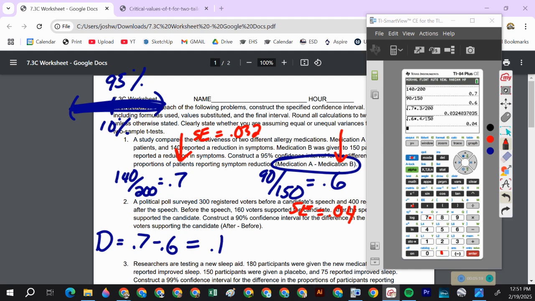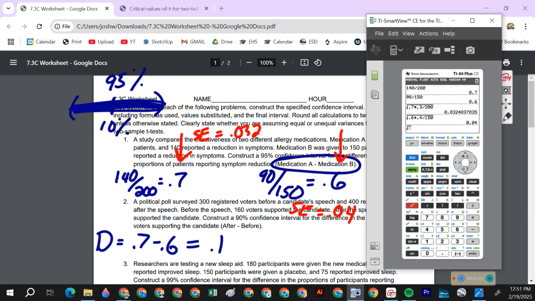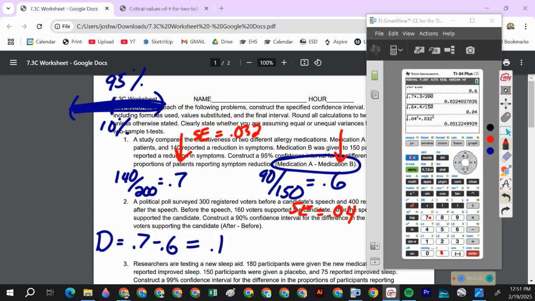So we're going to do the square root of 0.04 squared plus 0.032 squared. And I get 0.0512. So that is my standard error. Okay.